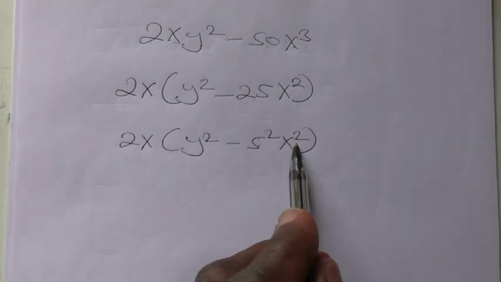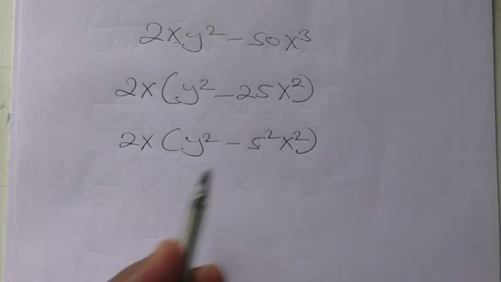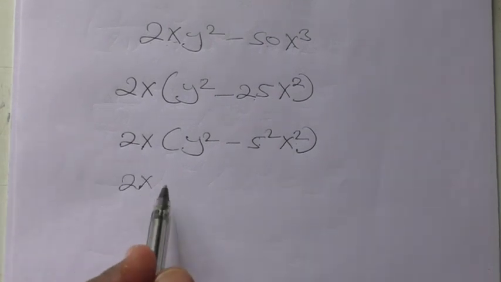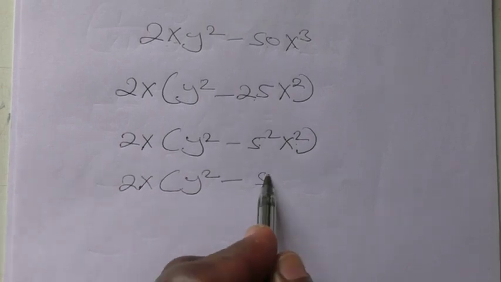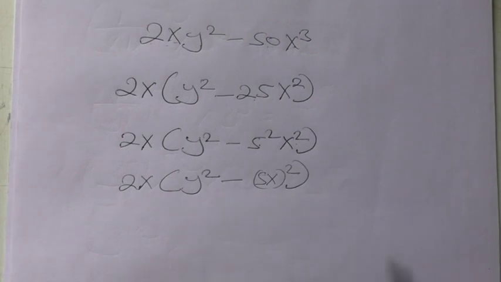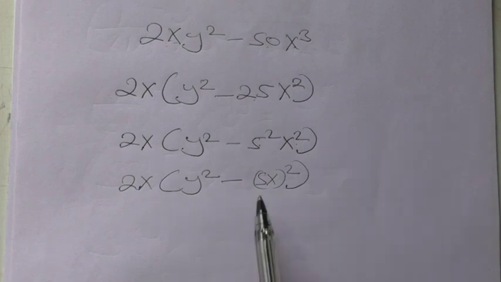Now we combine this into a common bracket and give them a common square. So that gives us 2x into y squared minus 5x squared. Since it is known as difference of 2 squares, we shouldn't have more than 2 squares. That's why we combine this and give them a common square.